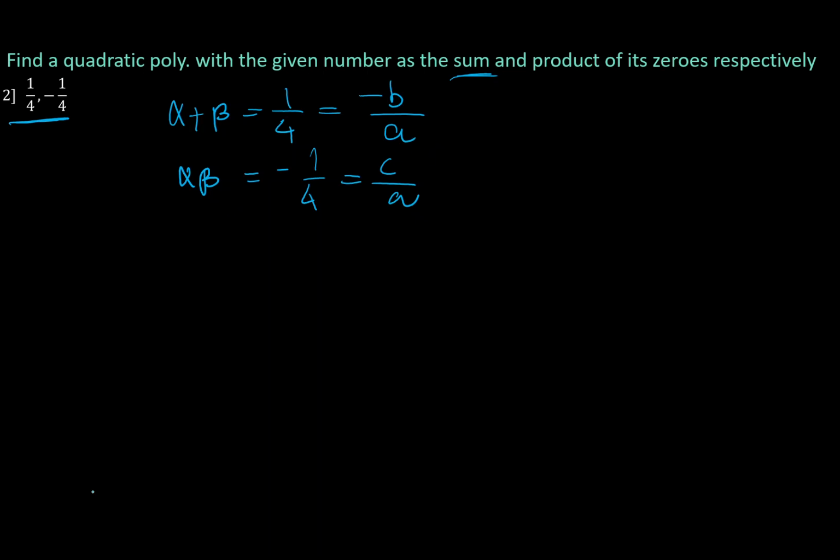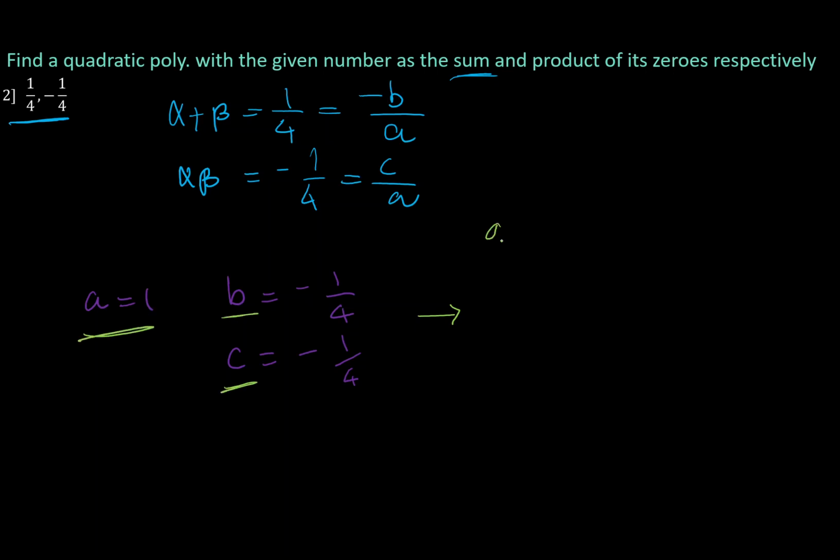Now here let's go with the assumption that a is 1. We'll take a as 1, so we'll get our b as minus 1 by 4 and our c as well as minus 1 by 4. Now we know b, we know c, we know a.